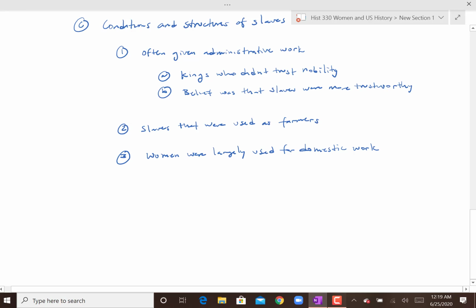So women always had, and we'll see this throughout various things, the aspect of sexual abuse and rape as something that women had to contend with that men didn't have to very often. It's not that it didn't happen with men sometimes, but it was rare compared to women.